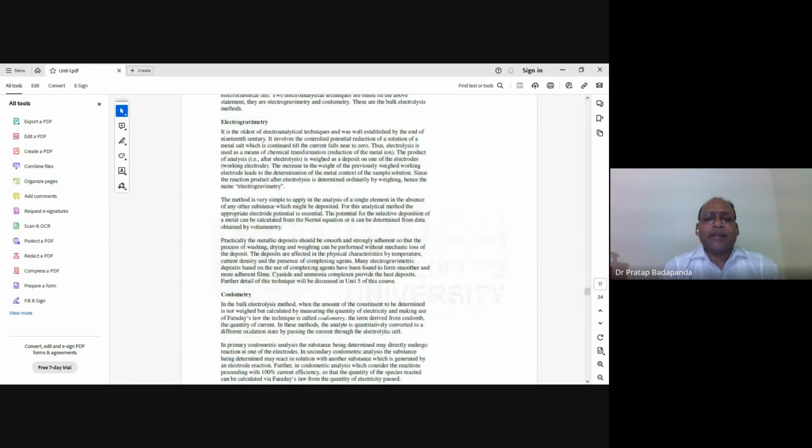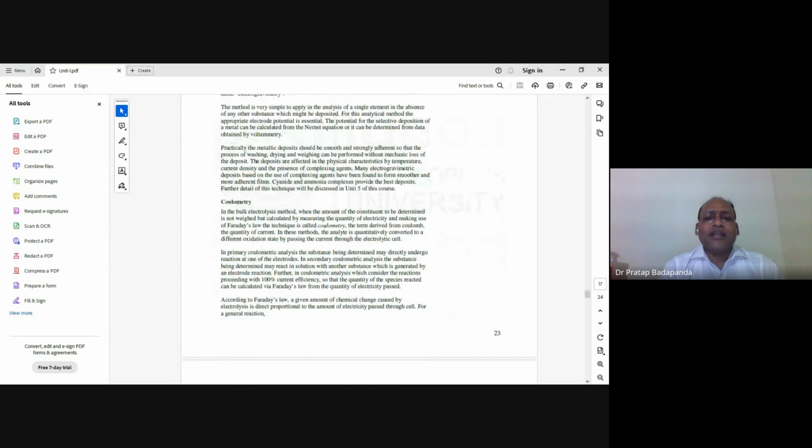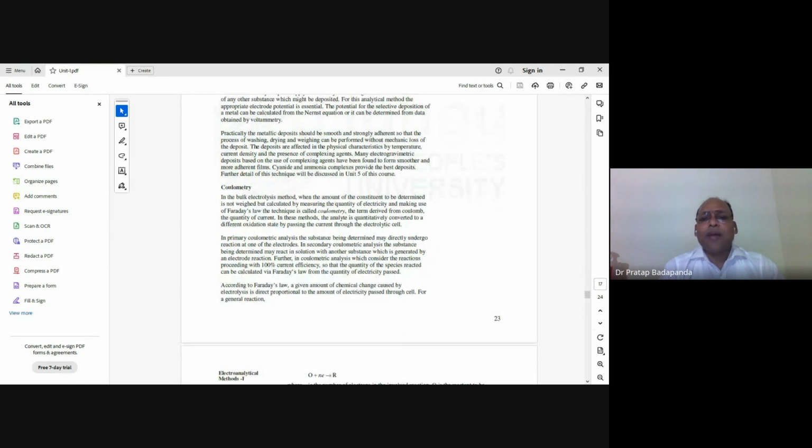Then coulometry. In the bulk electrolysis method, the amount of a constituent to be determined is not weighed, but calculated by measuring the quantity of electricity. Making use of Faraday's law, the technique is called coulometry.